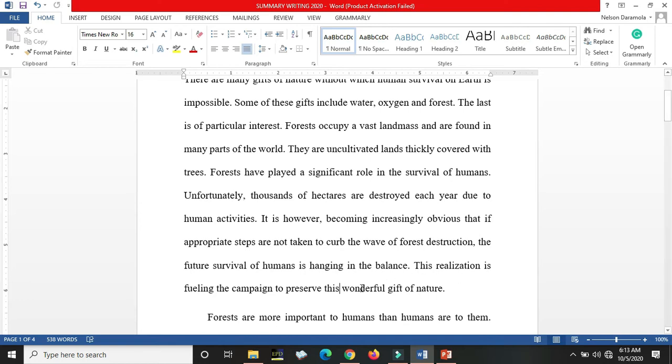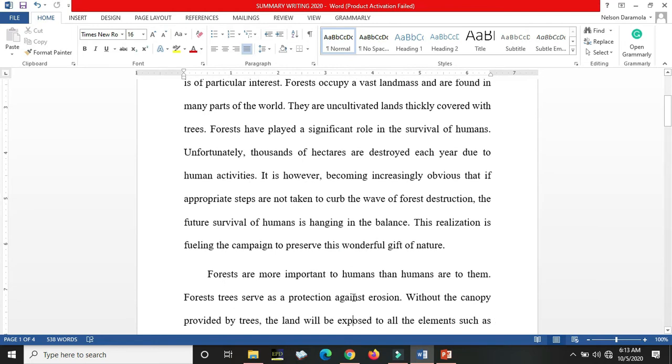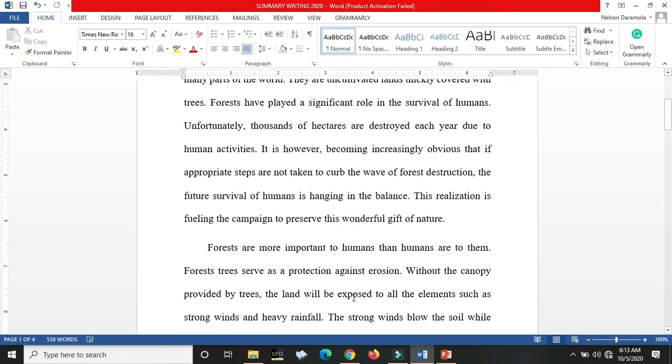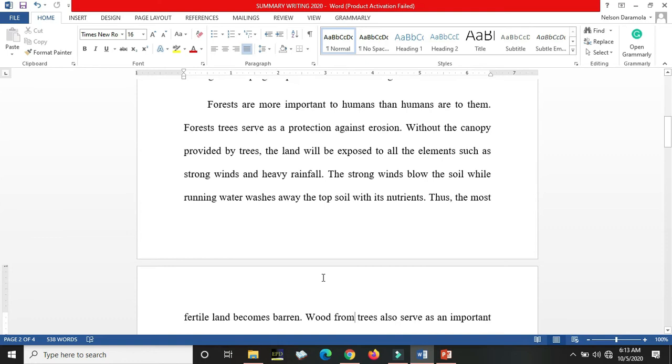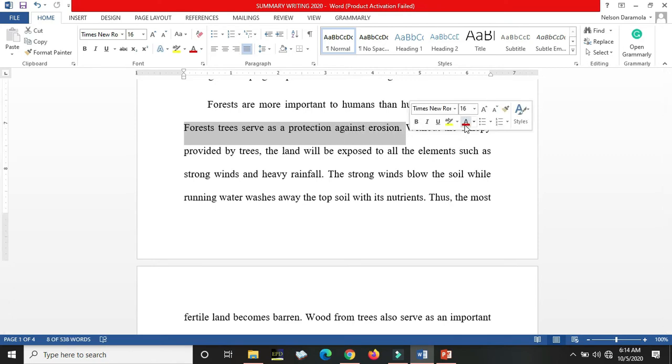So let's see. I think forests are more important to humans than humans are to them. So let's see. The first direction is forestry serves as a protection against erosion. Now this is a direction to your question, but you cannot write it out like this. Okay, this will answer one of your questions.